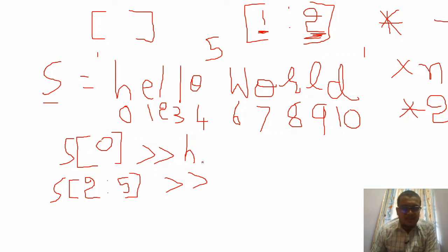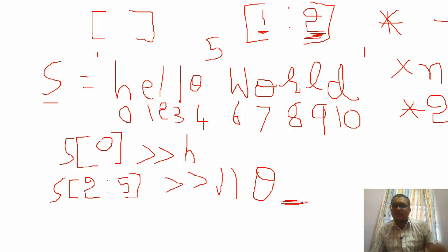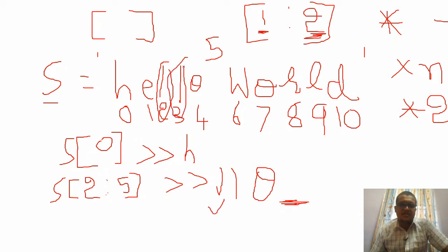The value at position 2 is L. The third value is L. The fourth value is O, and you are accessing till the fifth value, so it displays a space here, but that space is not displayed to the user as it is invisible. So this is the slicing operation 2 to 5.